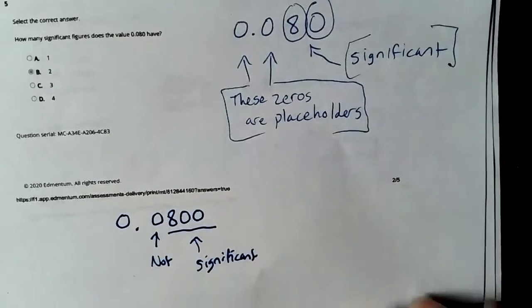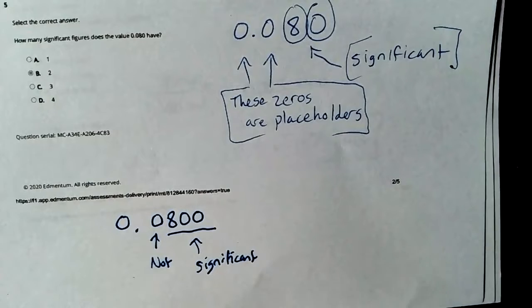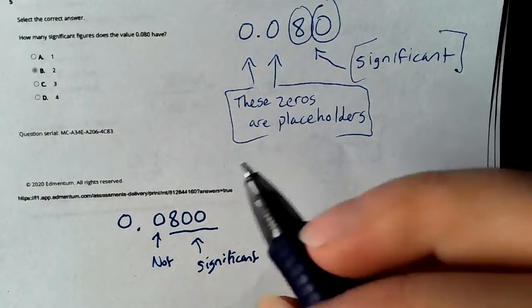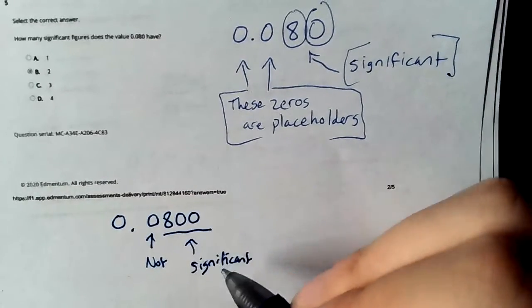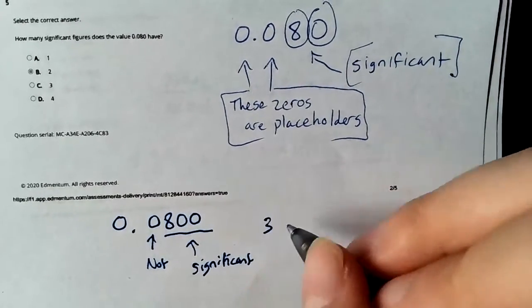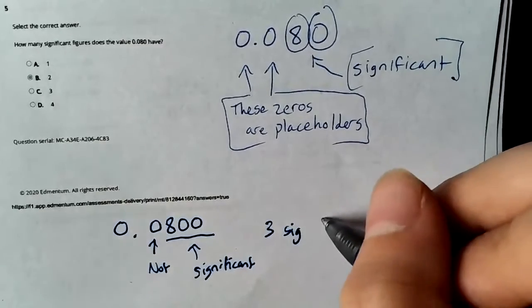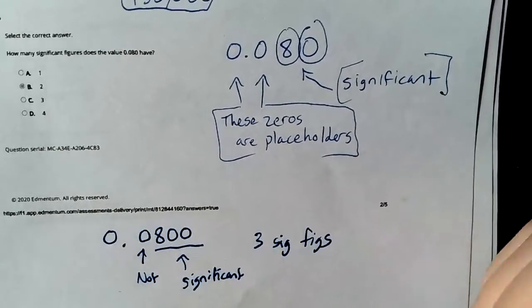Significant means these numbers are stating the accuracy of the measurement. So this one would have 3 significant figures, or sig figs.